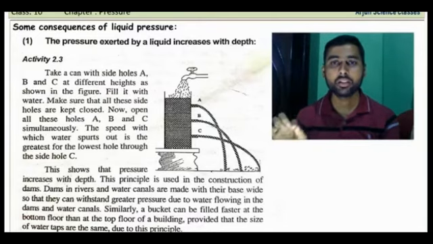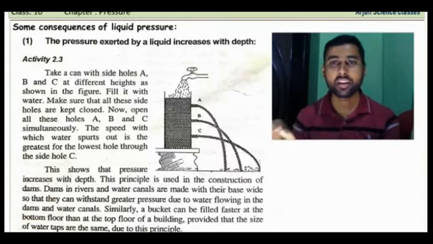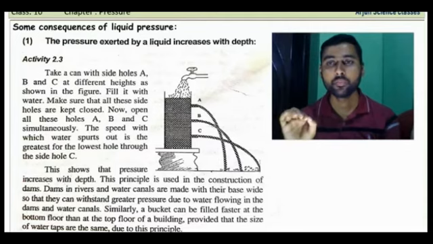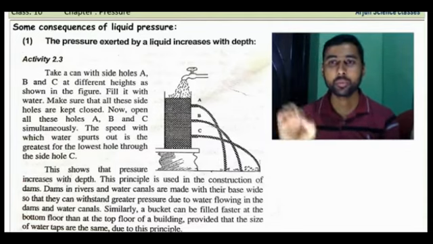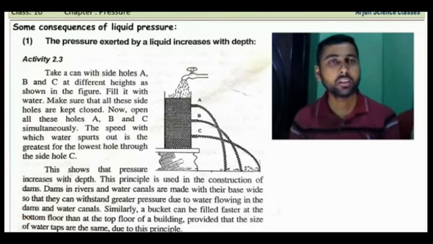That is, liquid pressure is directly proportional to the height of the liquid column, directly proportional to the density of the liquid kept in the container, and also directly proportional to acceleration due to gravity. Okay, these three things, S, D and G. Here I'm going to discuss the consequences of liquid pressure.